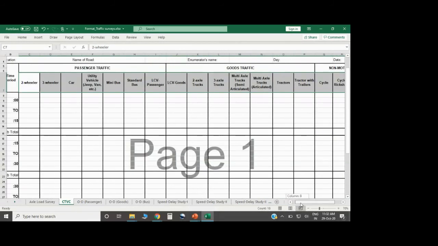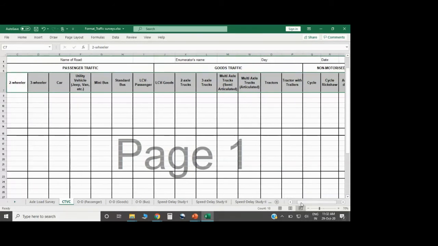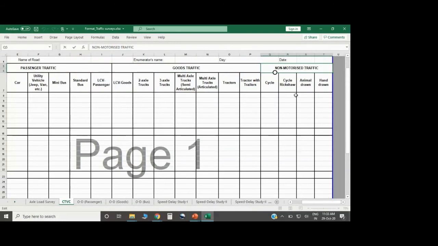Okay. So it's not like you can just count two-wheelers, cars, trucks, and that's it. The category is so diverse and so detailed because you need that particular data for some aspect of your highway design. If you see the broad classification, I have classified it in 3 types: passenger traffic, goods traffic, and non-motorized traffic.